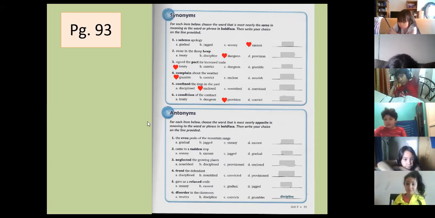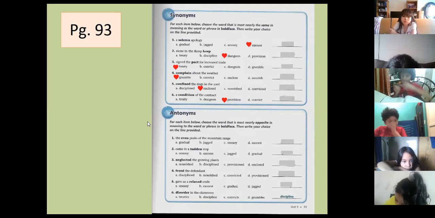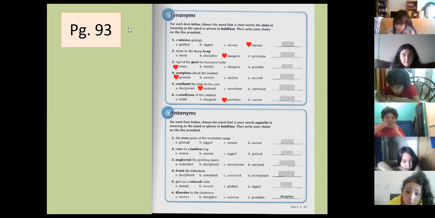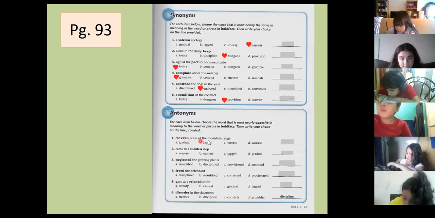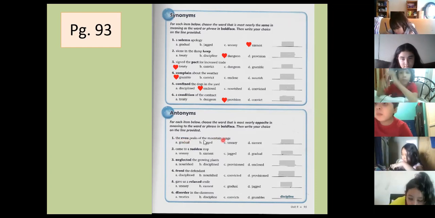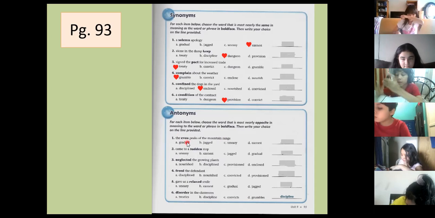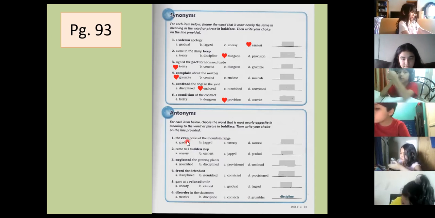It's okay. Antonyms. Remember, antonyms is the contrary. It's not the same. Again, we're going to find the antonym for the word that is in boldface. For example, number 1, the even peaks of the mountain range. What is the word that means the contrary of even?